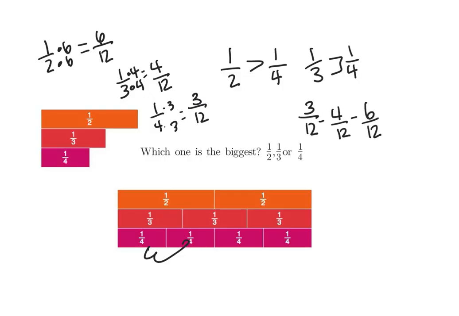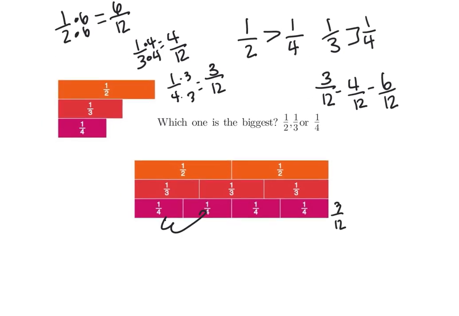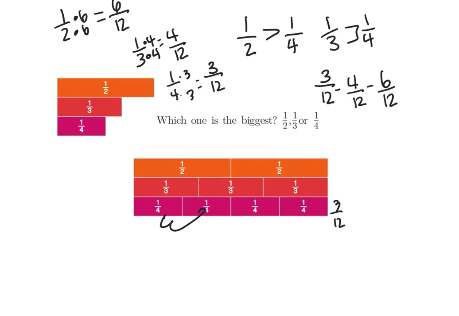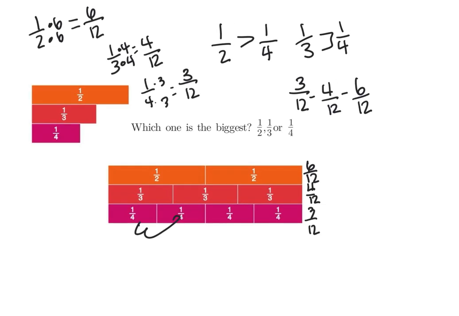With everything being the same size parts of the whole, we can compare. Our 1/4 equals 3/12, our 1/3 equals 4/12, and our 1/2 equals 6/12. We can see that 6 is bigger than the other two numbers.